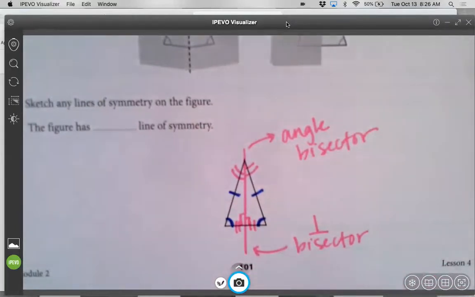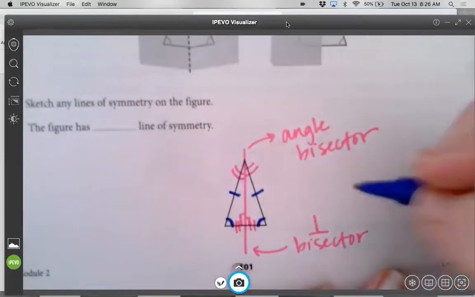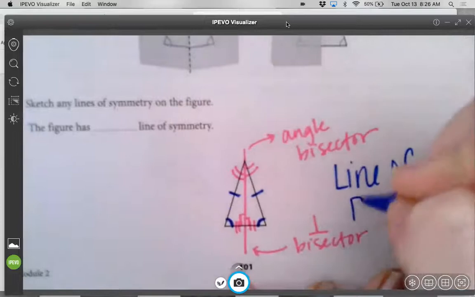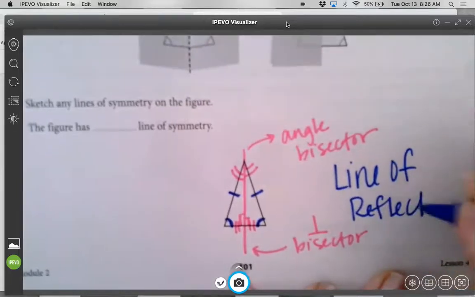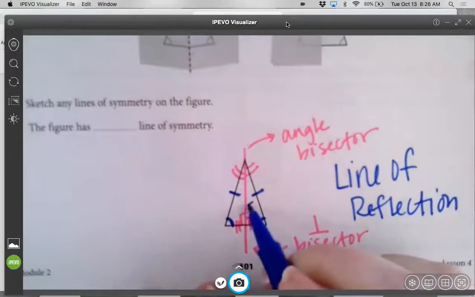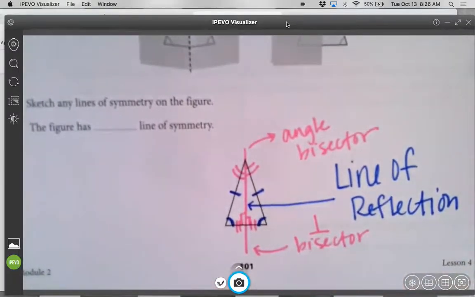What every line of symmetry will do is it will provide a line of reflection. So we're going to put line of reflection over here, and that's what this pink line is also. We had been talking about translations, rotations, and reflections before we left for fall break, and a reflection has the exact same spacing, the exact same patterns on either side of that line.